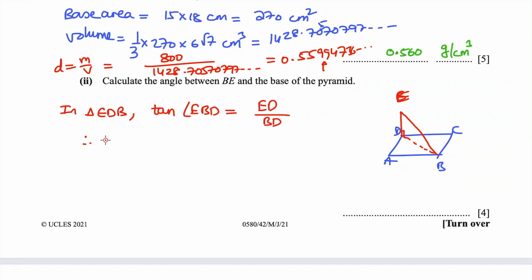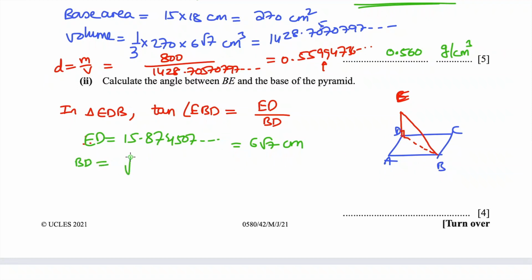So therefore, now ED we already calculated just before. ED is equal to 15.874507 and so on, which is nothing but 6 root 7 centimeters. Now let us calculate BD. So BD would be equal to square root of 15 square plus 18 square.